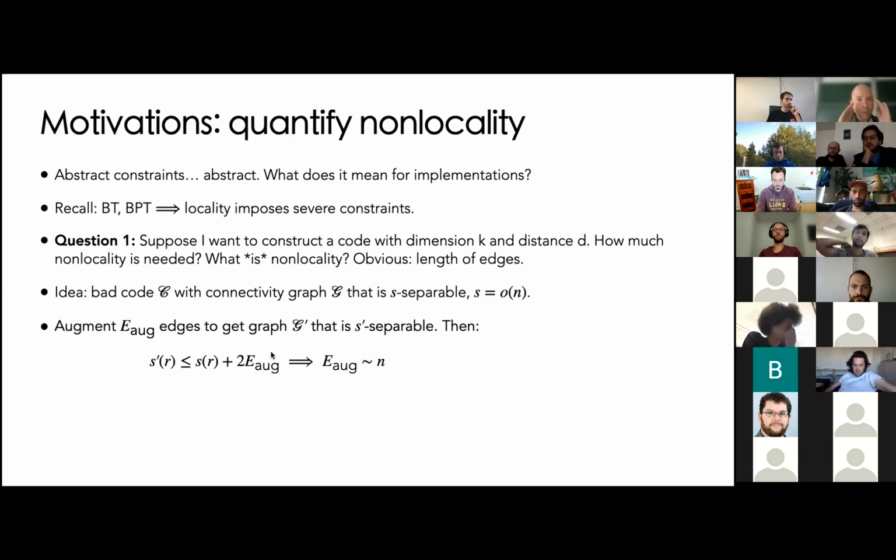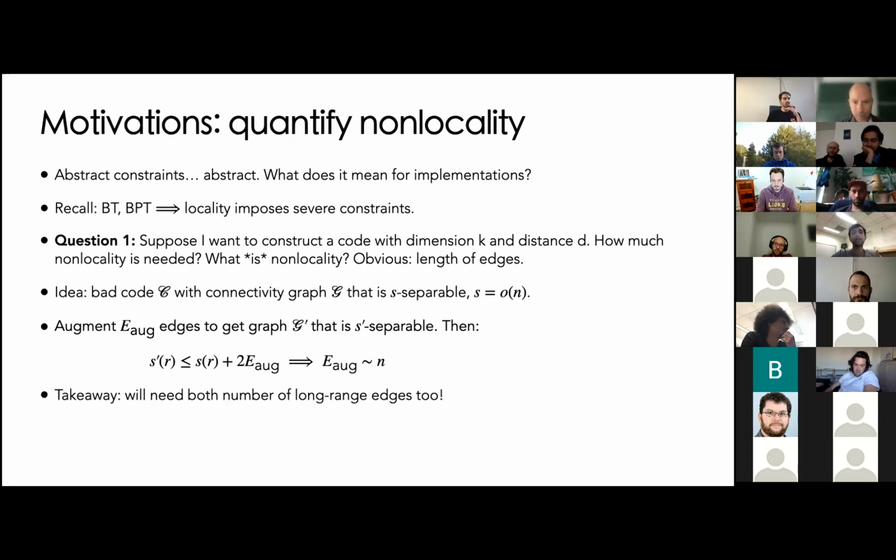Once I peel away these not-too-many non-local connections, underneath I reveal this poorly connected graph. So unless I add a significant number of augmented edges, I'm not going to change the size of my separator. Adding a little bit of non-locality is not going to change the properties of your code, regardless of how long these edges are.